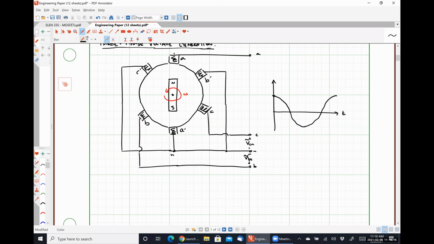Like so. I'll do the B term in blue. So it's not starting from its maximum value. Oh my goodness, I can't draw to save my life.